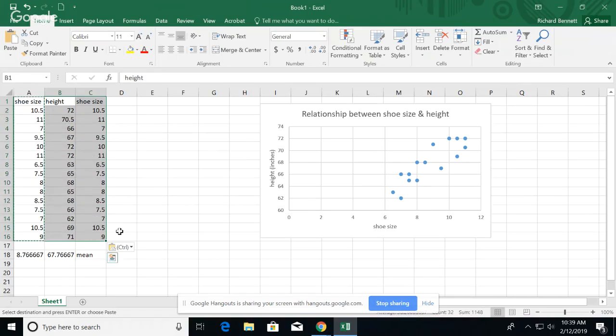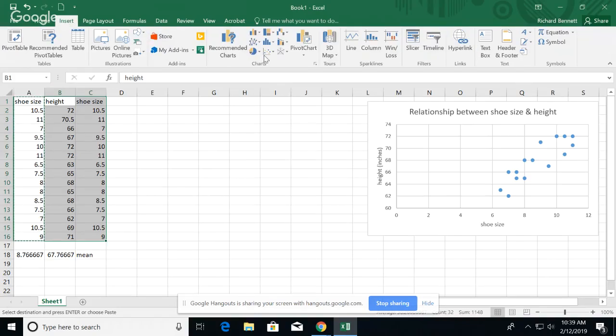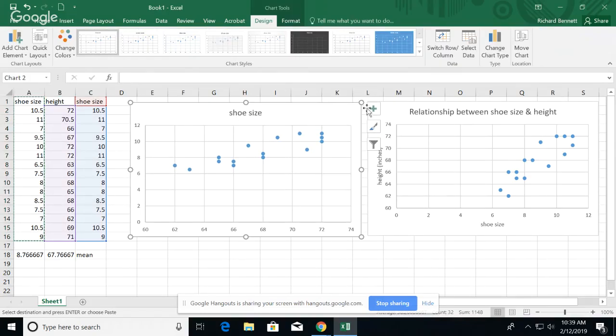Now, in this chart, we said that the shoe size was the explanatory variable. Now we're going to do the height as the explanatory variable. So, Suzette, can you remind me how to do a scatter plot? So highlight your data, insert, scatter plot, boom. And then we'll add our labels in here.